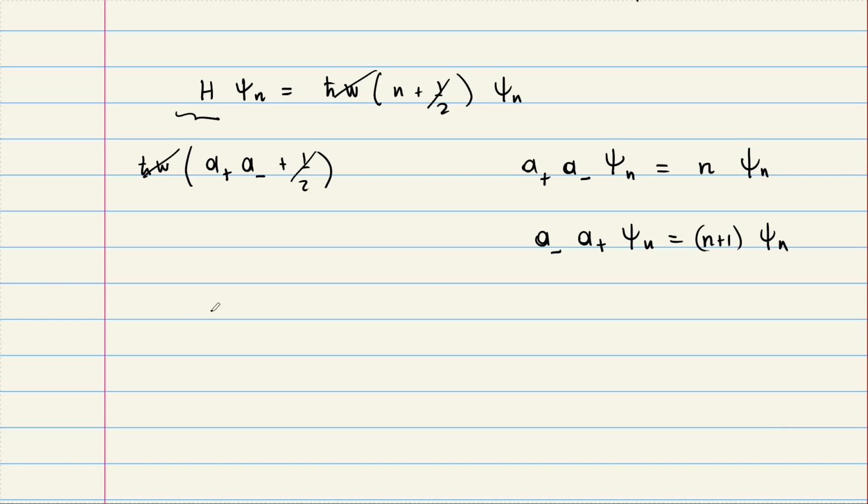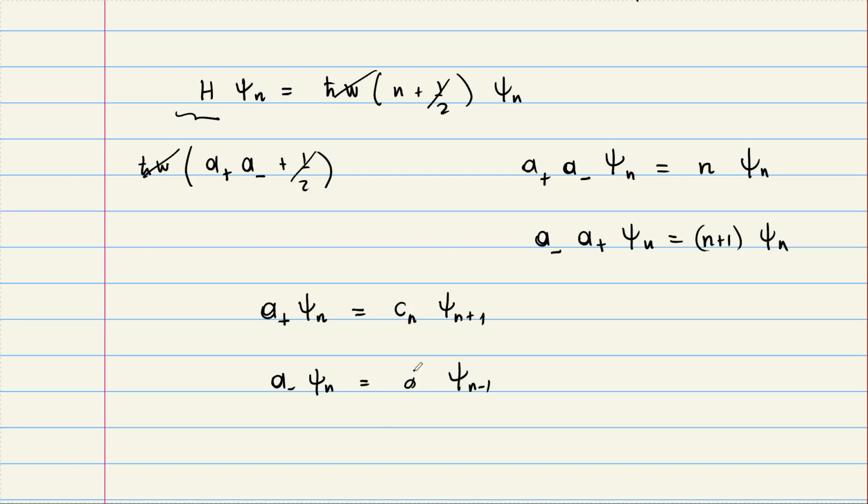Another thing to calculate is, A plus hitting on psi n, we know it is going to be something times psi n plus 1, right? Because it increases the energy. And because we still didn't fix normalization, let's call this Cn. And similarly, A minus psi n, I know this is going to be something proportional to psi n minus 1.